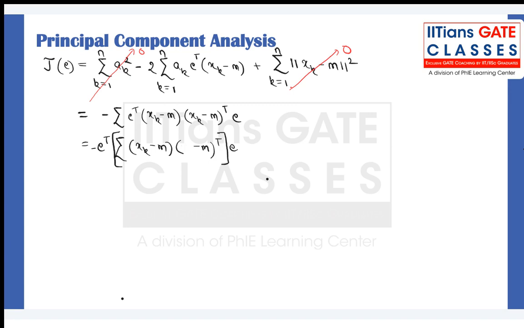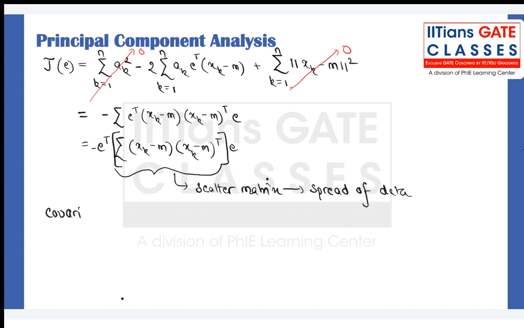Now, this result here is called the scatter matrix, which measures the distance of xk from the mean. What is the spread of the data? If you know something called covariance, popular in statistics, it is related: 1 by n summation over k of xk minus m multiplied by xk minus m transpose.